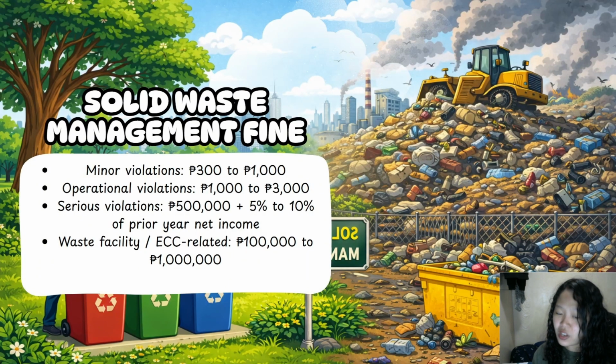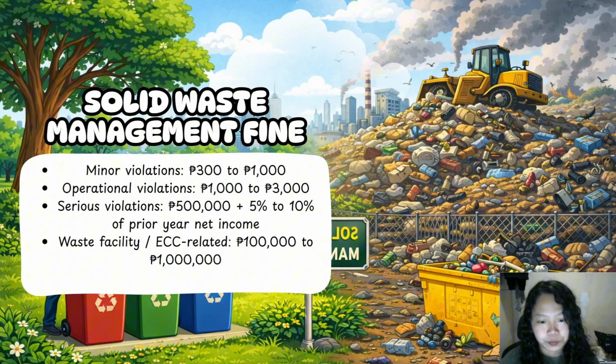For serious violations, pwede itong umabot sa 500,000 pesos plus 5% to 10% of the prior year net income. In some cases, especially facility-related violations, fines can range from 100,000 to 1 million.